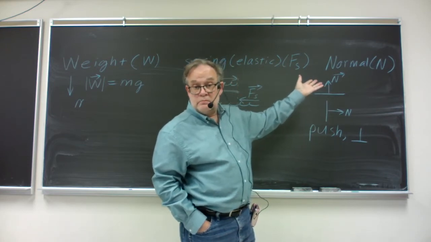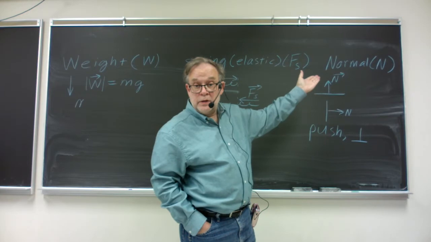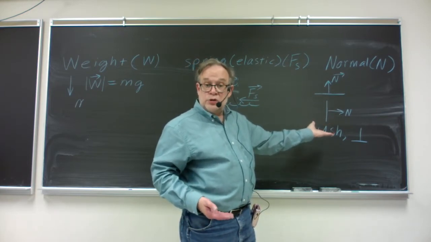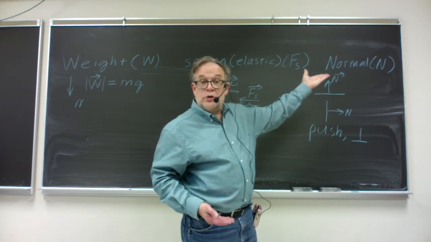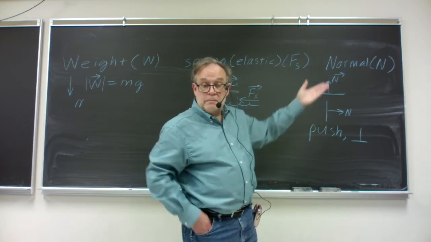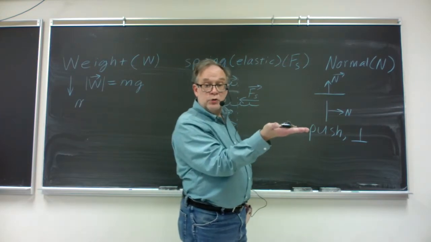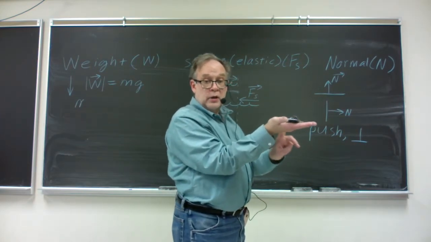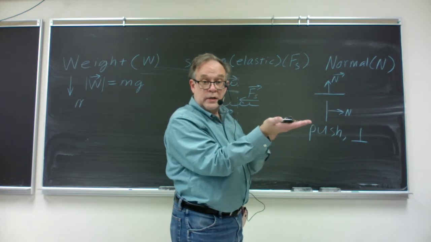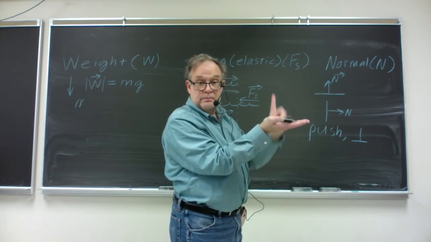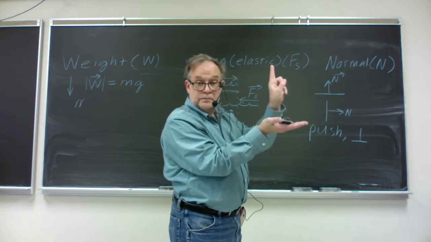Normal is just a synonym for perpendicular. So the normal force is a push, and it pushes in a direction normal to the surface. Right? In this case, the surface that's doing the pushing is my hand, and my hand is a horizontal plane, so the push is normal to that, perpendicular to that, vertical.